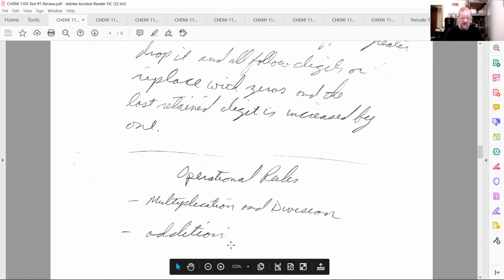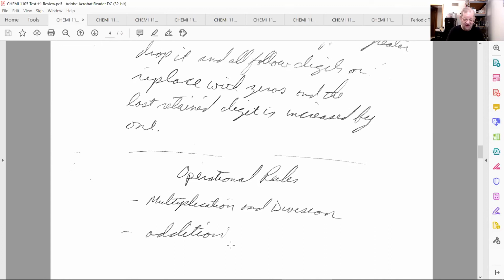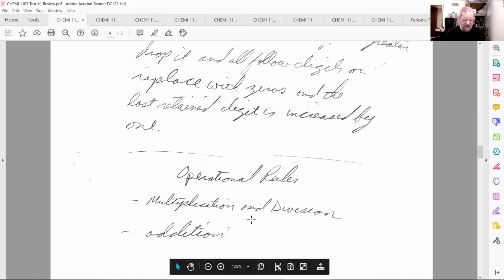It wasn't until test 2 material that you actually used it, and you get the same number of significant figures to the right of the decimal point when you're adding. We didn't do any subtraction to speak of this semester. When you're adding, it's the number you're adding that has the fewest significant figures to the right of the decimal. And we went through this, and we'll do that later today when we do molecular weight.